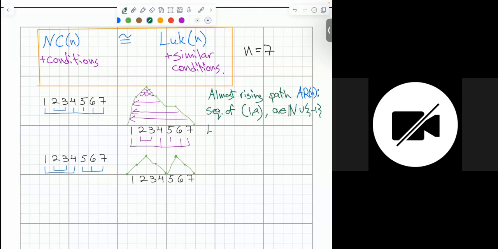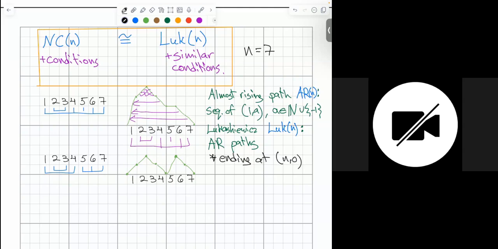And when we look at Lukasiewicz paths, they are a subset of the almost rising paths with 2 additional conditions: ending at (n, 0), similar to what we did for the Catalan numbers, and also never going below the x-axis.